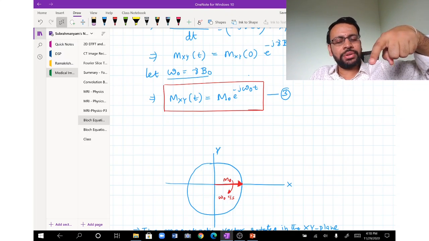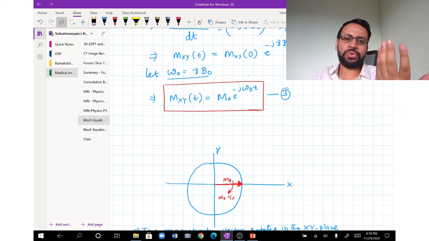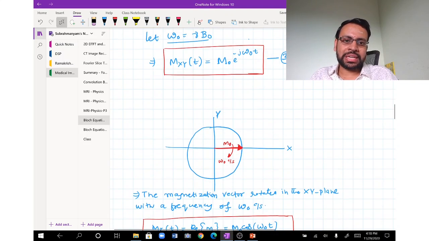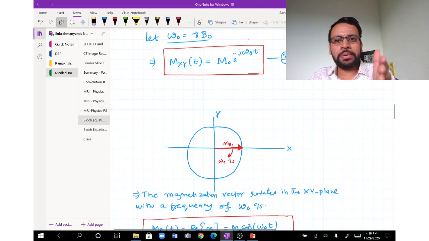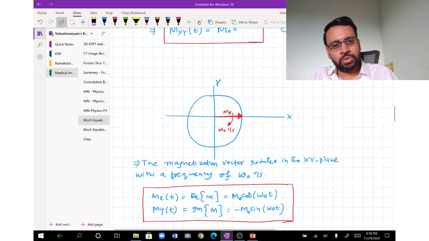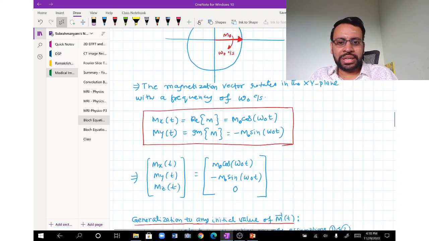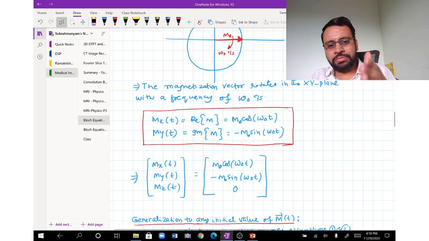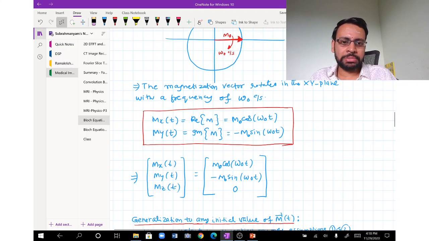So given that, at any given point of time, if you want the x and y components, it's simply writing it as e power minus j omega t as cos omega naught t minus j sine omega naught t, right? So that would give you the Mx and My components, which is M naught times cos omega naught t, and the y component will be minus M naught times sin omega naught t.